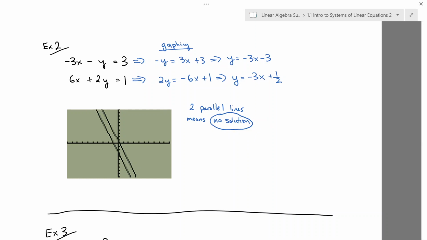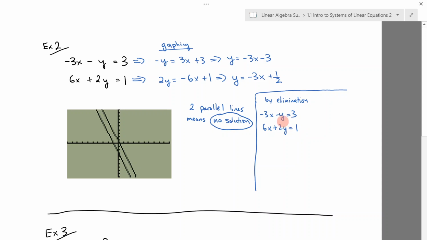But you can see it using the other methods also, right? So what does it look like using some of the other methods? So let's do it by elimination. Right, so what is it? So the first equation is minus 3x minus y equals 3. 6x plus 2y is equal to 1.